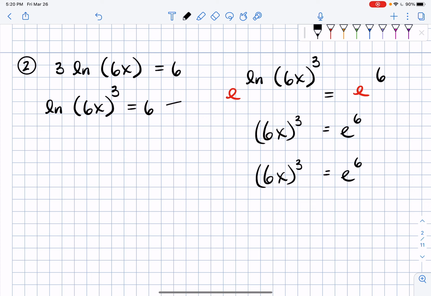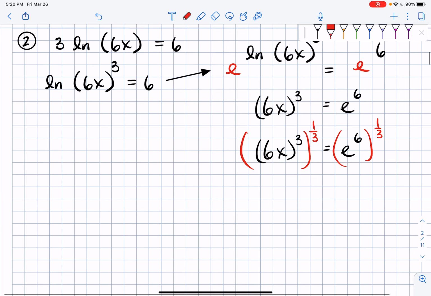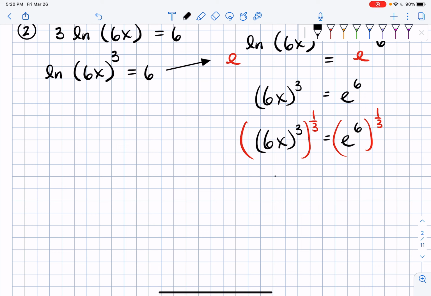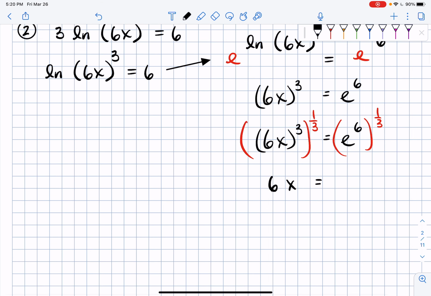Let me do this here. Okay. So what I can do is actually raise both sides to the 1/3 power. Therefore, I have 6x is equal to e to the 2nd power, because when we raise a power to a power, we multiply the power.